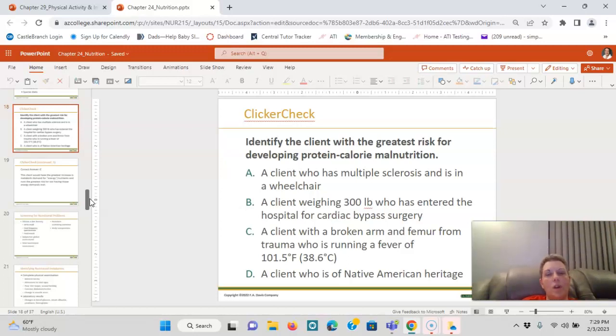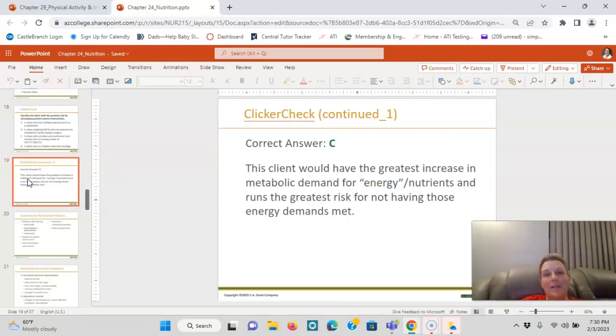Is this person at risk for needing more protein to build back muscle and tissue? Or D, Native American heritage? So I get rid of D because I have no idea what that means to anything with protein-calorie malnutrition. The answer is going to be C because there's an increased demand for energy and nutrients. One is fever, two is broken bones.